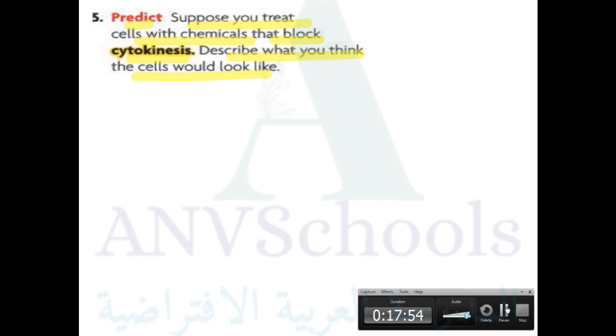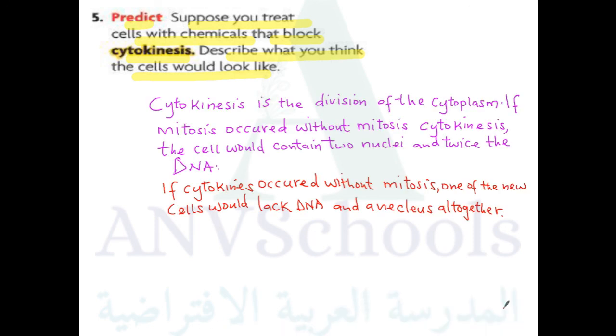So we'll stop here for now. So as we said, if it happens that cytokinesis, which is the division of the cell cytoplasm, stops, and mitosis occurred without it, then the cell would contain two nuclei and twice the DNA. So this is the answer.